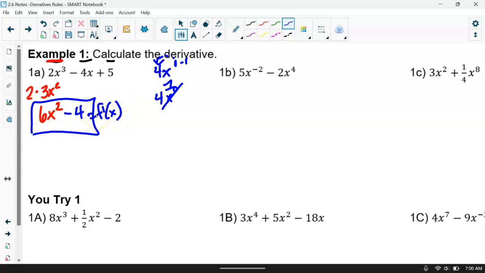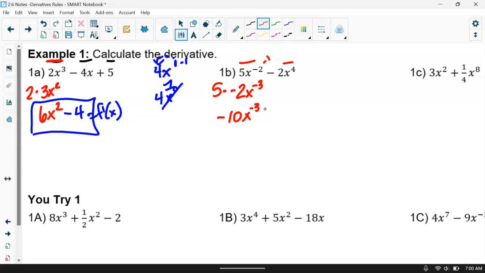Then let's do the next. Notice how we're subtracting two different functions. So we're going to find the derivative. This is 5 times the derivative of x to the negative 2, which is negative 2x to the negative 2 minus 1, negative 3. So this is negative 10 times x to the negative 3.